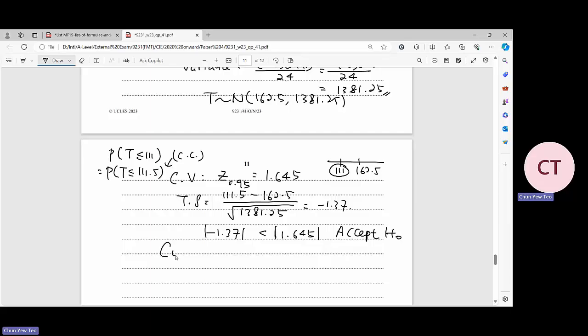So conclusion. Okay, wait, let me erase this. This one no need to show in exam.